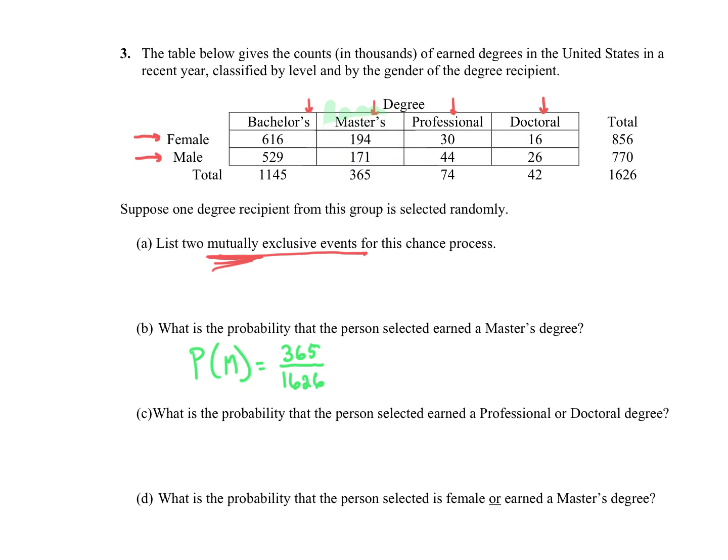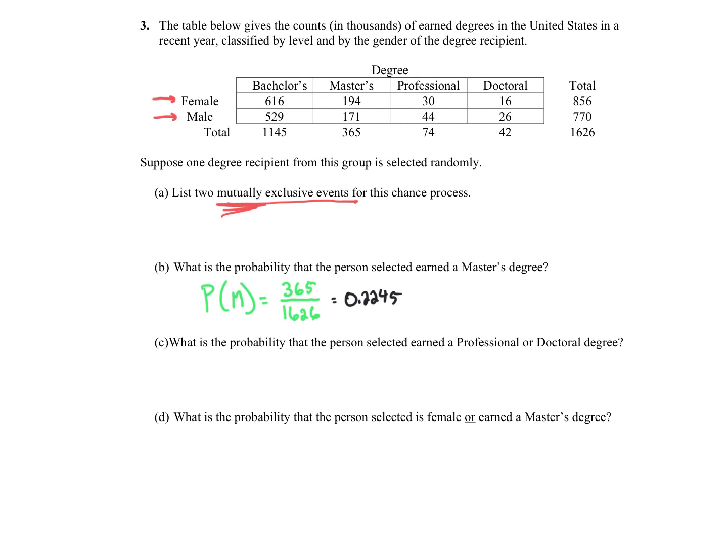And then we could obviously calculate that. So let's go 365 divided by 1626. So I'm going to go with the answer of 0.2245. I don't know, something like that. And then we could turn it to a percent if needed to or want to.